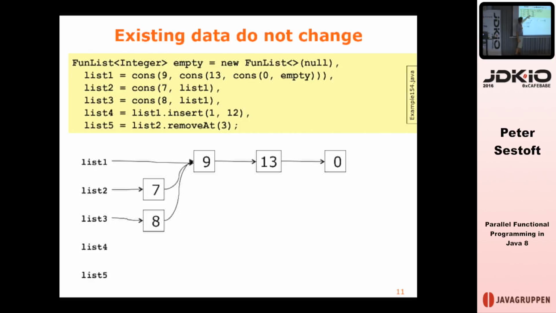If we now imagine there's an insert method on list 1, we take this list with 3 elements, and we want to insert at position 1, this is 0, 1, 2, the value 12. Then we'll have to create a new node 12 that points to the tail of that list, and then basically duplicate the node 9 here.